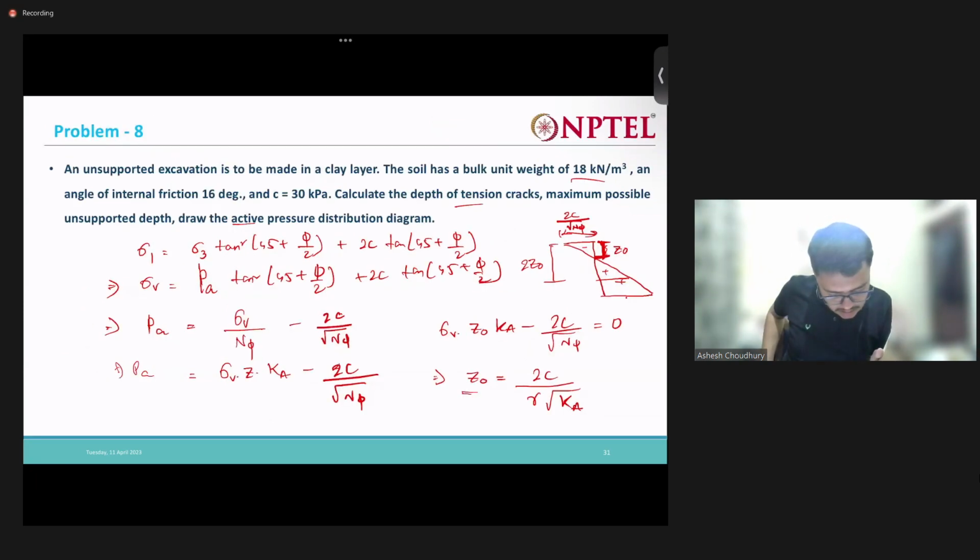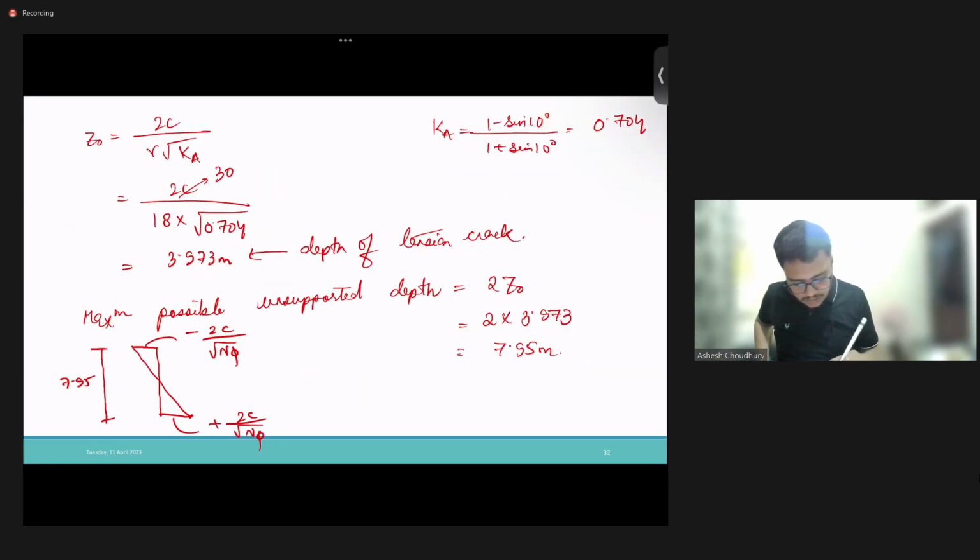Just a second, I will check one thing. So this value, let us find it out. 2 into 30 divided by root over n5, means 10, 45 plus 10 by 2.